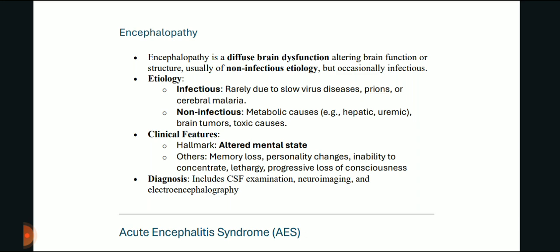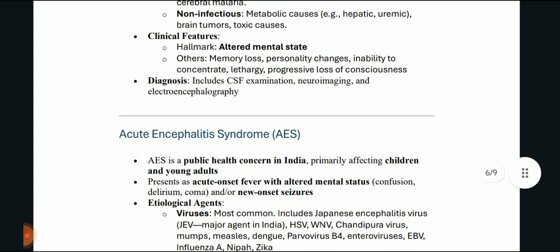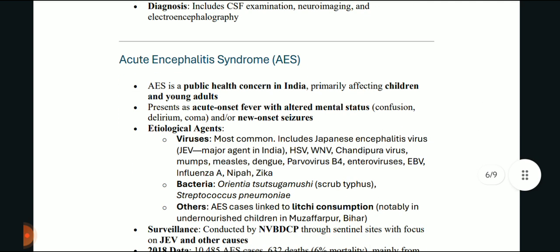Infectious cases are rare, due to slow virus diseases, prions, or cerebral malaria, while non-infectious causes can be metabolic causes like hepatic, uremic, kernicterus, deposition of urea, brain tumors, and toxic causes. The clinical feature is an altered mental state. Other features are memory loss, personality changes, inability to concentrate, lethargy, progressive loss of consciousness. Diagnosis includes CSF examination, neuroimaging, and electroencephalography.